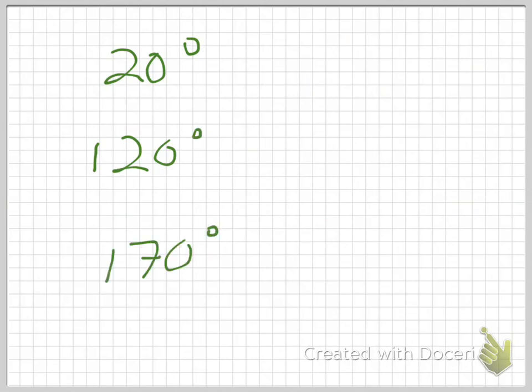I want you to create for me a 20-degree angle, a 120-degree angle, and a 170-degree angle. I want all three of those, 3 separate angles, right now.